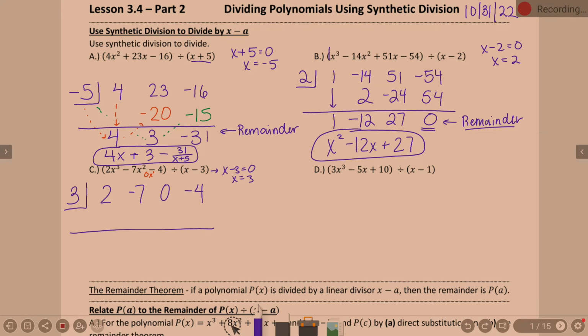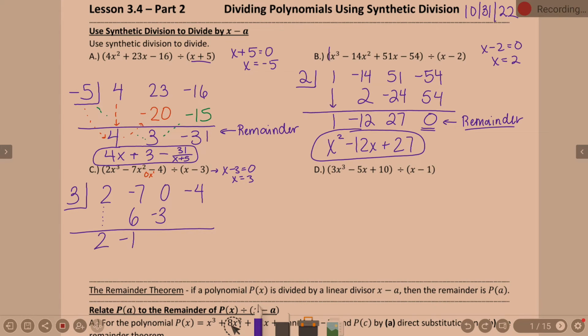So we're going to drop the 2. And then we're going to multiply. 3 times 2 is 6. Then we're going to add. Negative 7 plus 6, negative 1. Then I'm going to multiply. 3 times negative 1, negative 3.